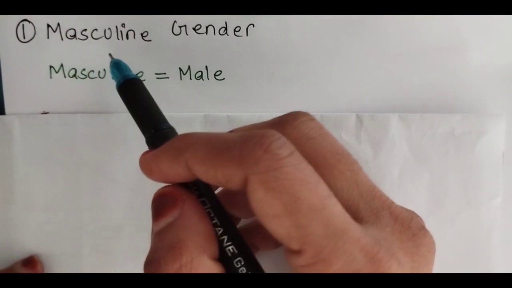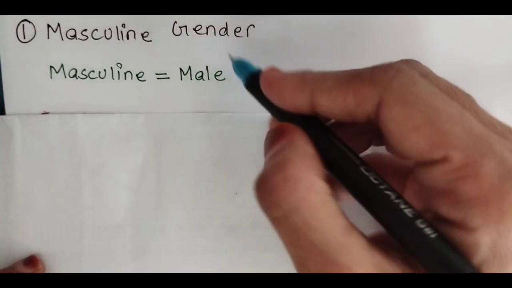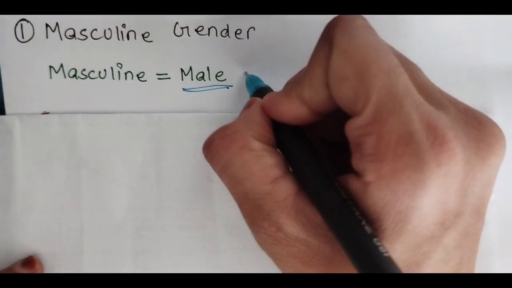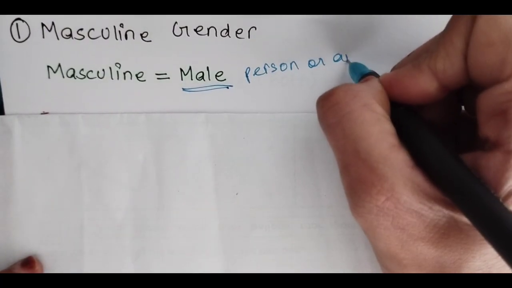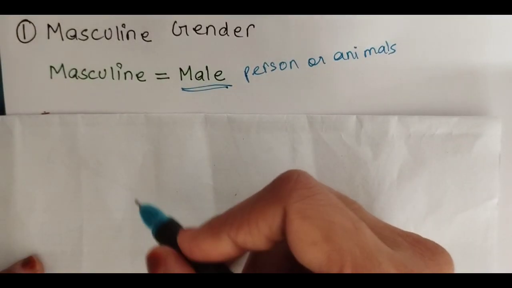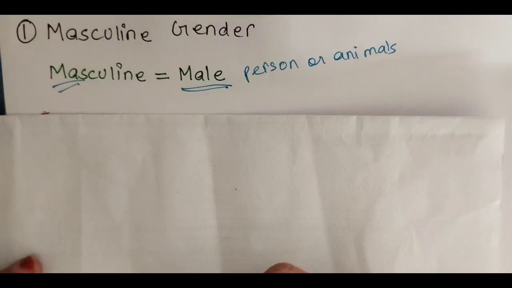Now the first one is masculine gender. Masculine gender is used for a male person or animal. It is of male type. Words that show a male are called the masculine gender. Okay?